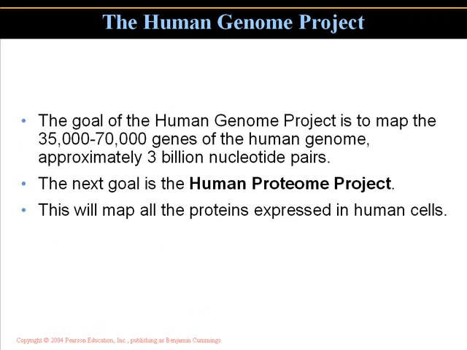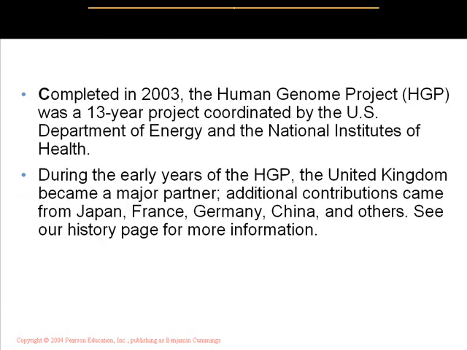Maybe. The goal of the Human Genome Project was to map out the genes in the human genome, 35,000 to 70,000 genes, approximately 3 billion nucleotide pairs. The next goal after the Human Genome Project is the Human Proteome Project, which will map out the proteins that are expressed by human cells. The Human Genome Project was completed in 2003. It was a 13-year project.